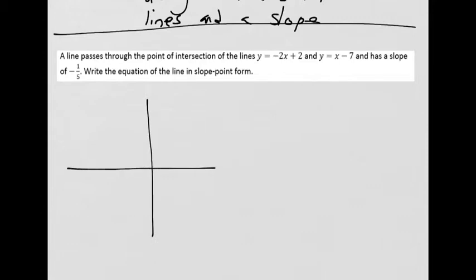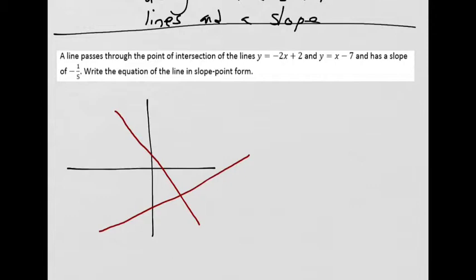So negative 2x plus 2 would look something like this. And x minus 7 would look something like this. This isn't exact, but it's just an approximation.